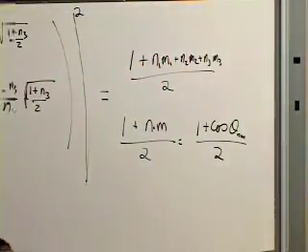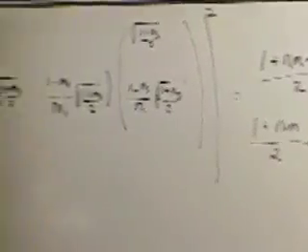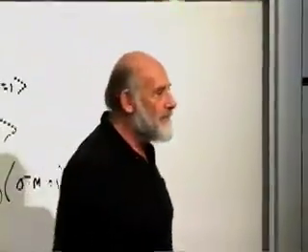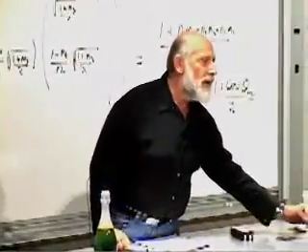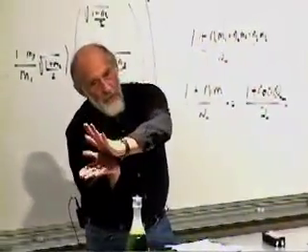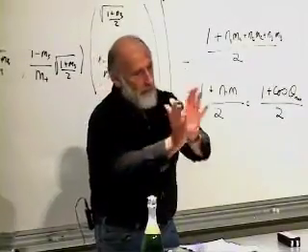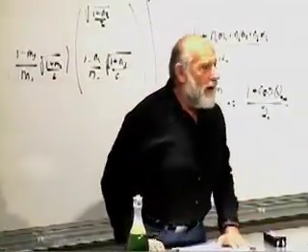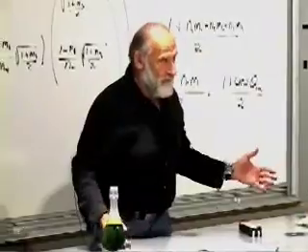Now, first of all, one interesting thing about it is that it only depends on the angle between n and m. That means you would get the same result if you rotated the whole experiment. Okay? That's an interesting fact, and it's an important fact, of course.